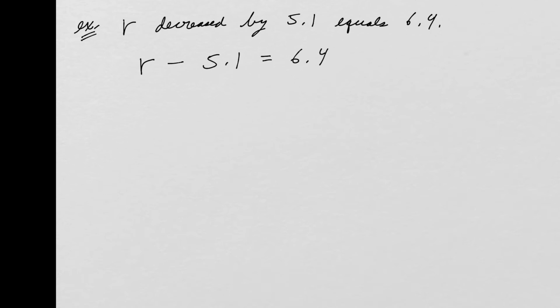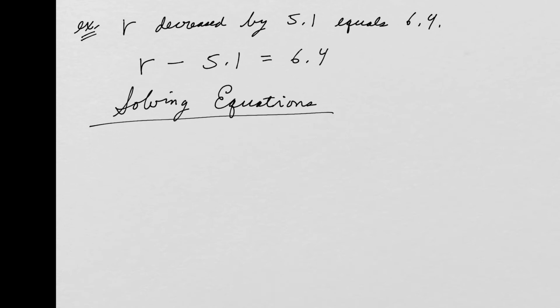Okay, so how do I solve these equations? Well, the goal is to isolate the variable, to get the variable on one side by itself. Typically the left-hand side, but it really doesn't matter. So the goal is to isolate the variable.